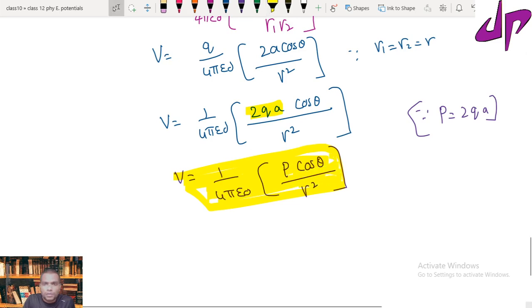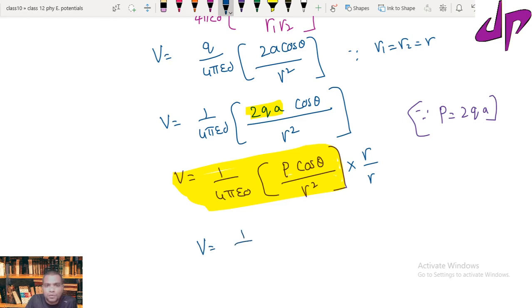I want to make one small change in this expression. Suppose in this expression I multiply and divide by r in both numerator and denominator, so we get V equals 1 over 4 pi epsilon naught of P cos theta times r upon r cube.